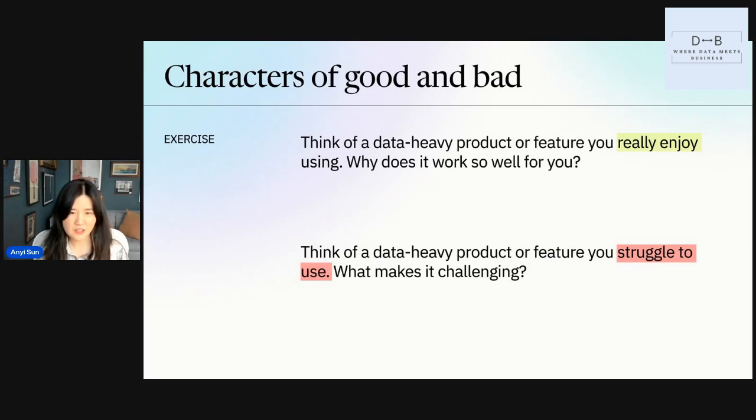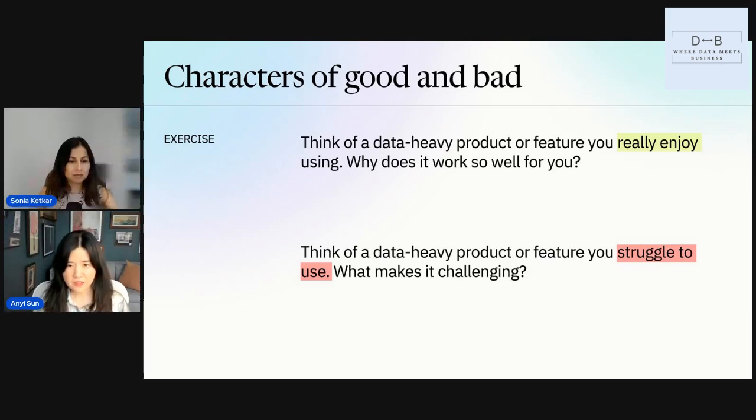You can think of a data heavy product, whether it's something you use at work or in your daily life, that you really enjoy using. Why does it work so well for you? Or you can think of a data heavy product or feature that you really struggle to use. What makes it challenging? For everybody out there, feel free to leave any comments that come to your mind. You can do either of these or both.